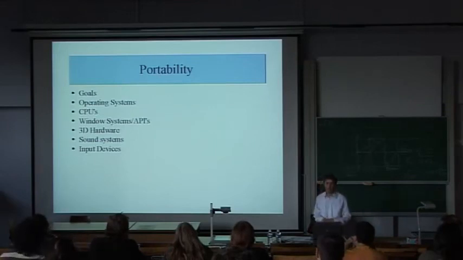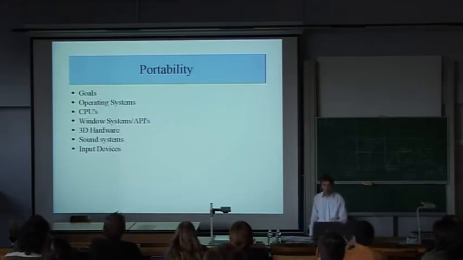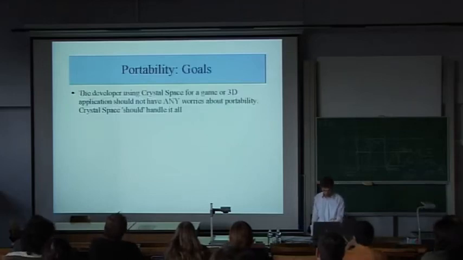Different CPUs, like Intel or others. Windowing systems are also very different. 3D hardware. Sound systems, input devices. So there are a lot of different things that come to a 3D engine, and you have to solve them in a way so that the game developer doesn't have to worry about it. So that's one of the important goals.